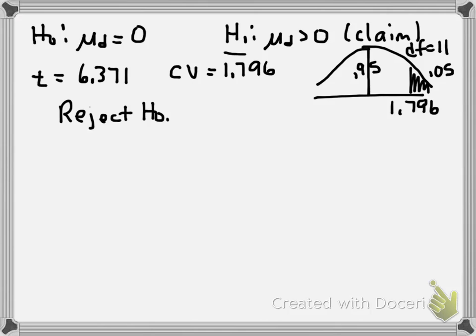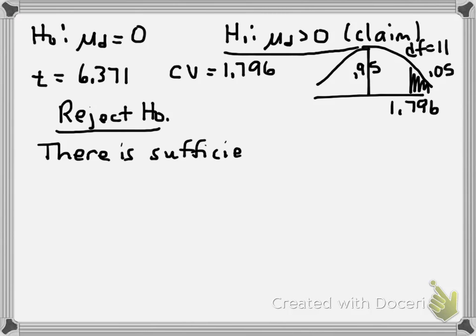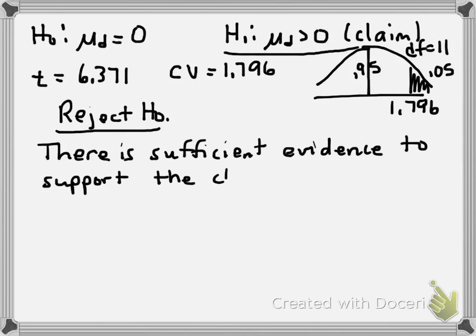So our claim is with the alternative hypothesis, and we're rejecting the null hypothesis. So there is sufficient evidence to support the claim that the mean difference is greater than 0.